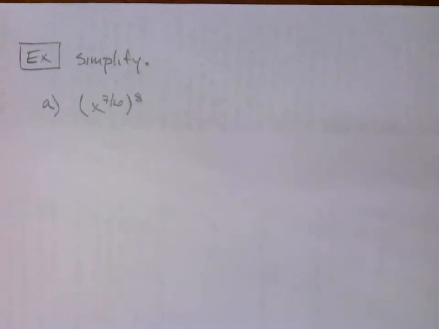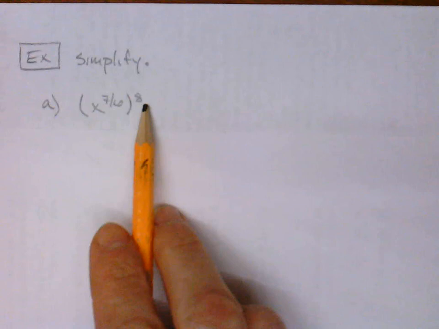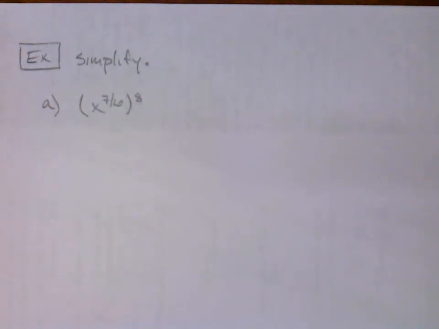Okay, this is about as simple and straightforward as they get. x raised to the 7/6, all raised to the 8th, and simplify. Which rule would apply here? I can't put them on the screen at the same time, but I believe it was rule number 3. An exponent raised to an exponent, we need to multiply those.